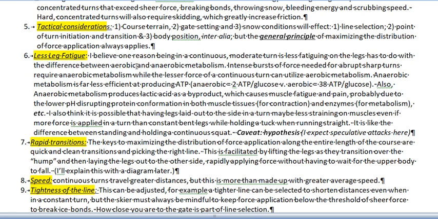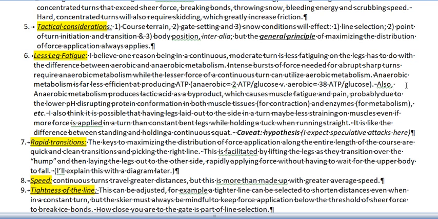Aerobic means you have plenty of oxygen available. Anaerobic means you don't have enough oxygen. You go into oxygen deficit with bursts of muscle strain. So the intense bursts of force needed for abrupt sharp turns require anaerobic metabolism, while the lesser force of a continuous turn can utilize aerobic metabolism.